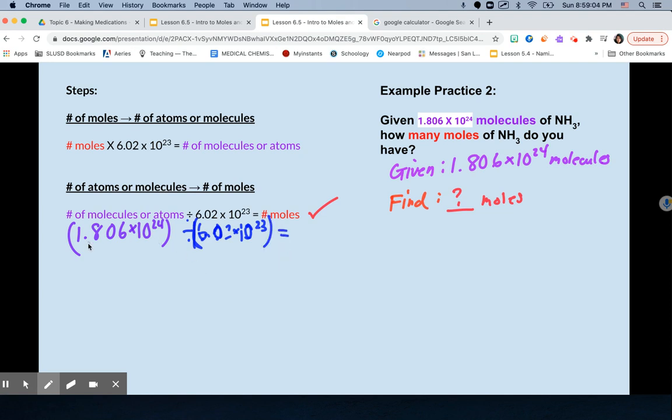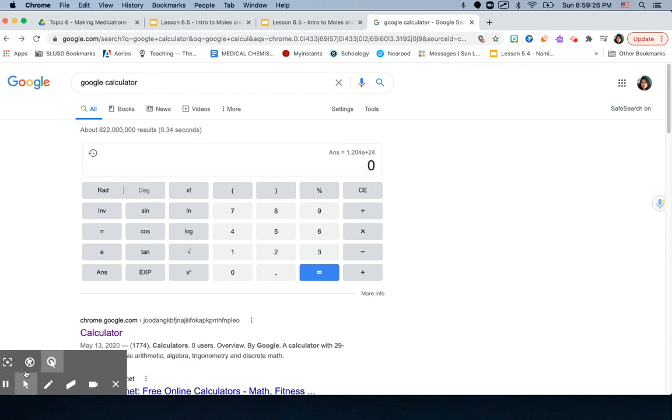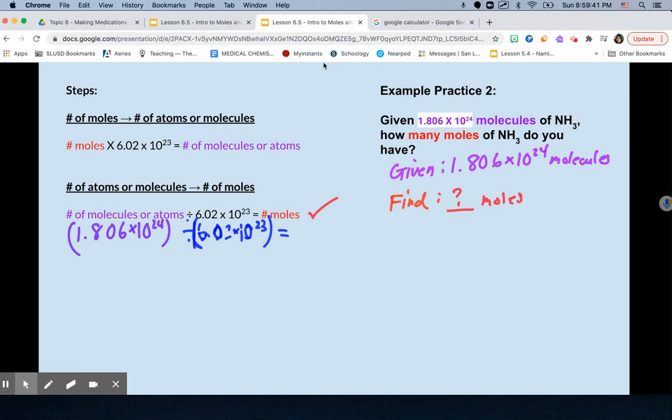So in my calculator, I'm just going to type this in. Okay, so let's clear everything first from the last problem. So open parentheses, 1.806 times 10 to the power of 24, close parentheses, double checking.